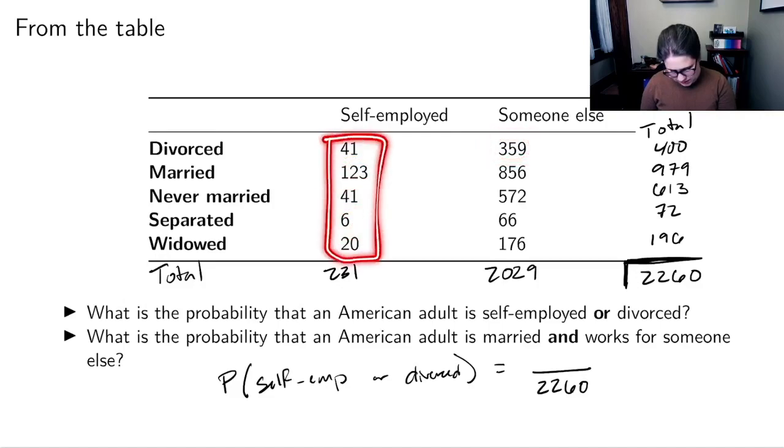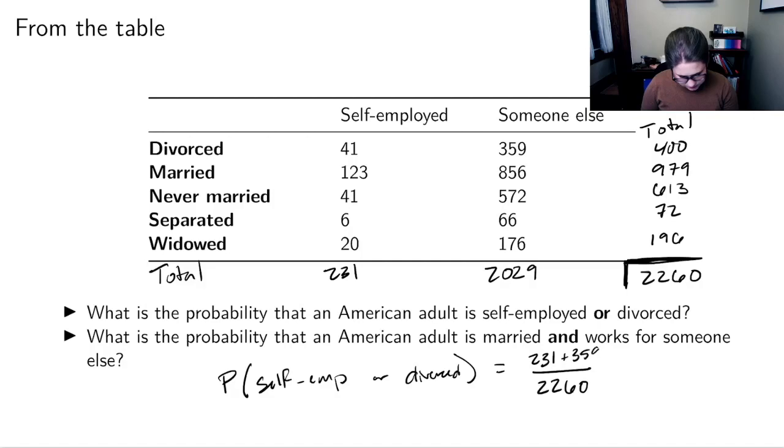So it's going to be all of these numbers plus 359. I'm just going to add 231 because that's my total for this column, and then I will also add on 359. So that's 590 out of 2260, or 0.26, about a 26% chance that someone is self-employed or divorced.